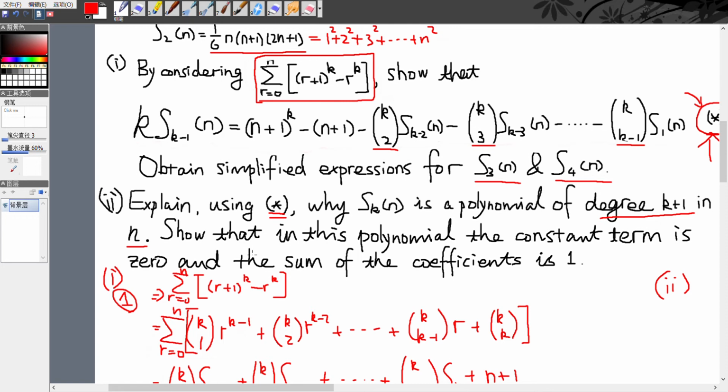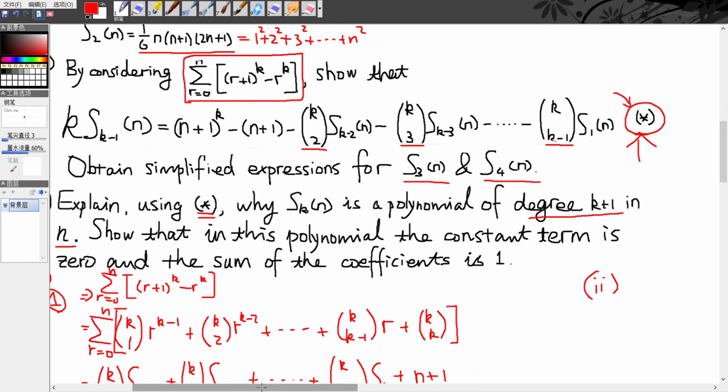First thing we want to do is to give a clear expression of s_k to the n by using this star formula right here.